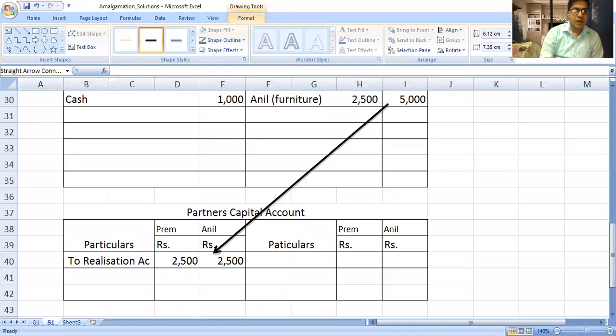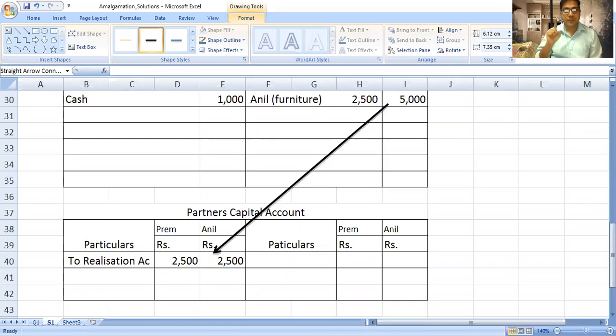Then friends, after general entry number 7, the next, number 8 general entry, is payment of liability not taken over by the new firm. Those liabilities which are not taken over by the new firm can be paid by the new firm, or sometimes the liability can be taken over by the partner; number 9 adjustment is liability taken over by the partner.